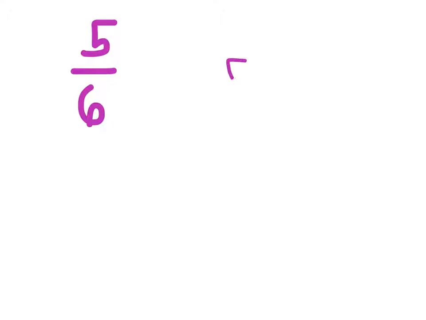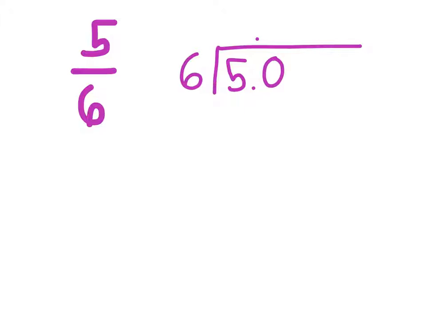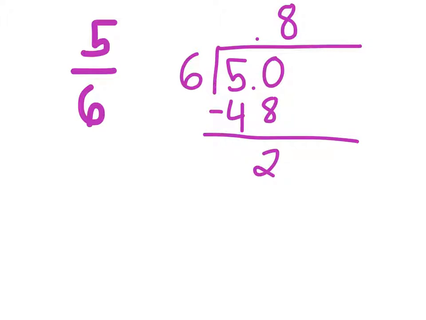Let's take our numerator and divide it by the denominator. 6 cannot go into the 5, so we add a decimal point and we add a 0. 6 goes into 50 how many times? 8 times. 8 times 6 is 48. Then what do we do? Subtract. We can add a 0 and bring it down.